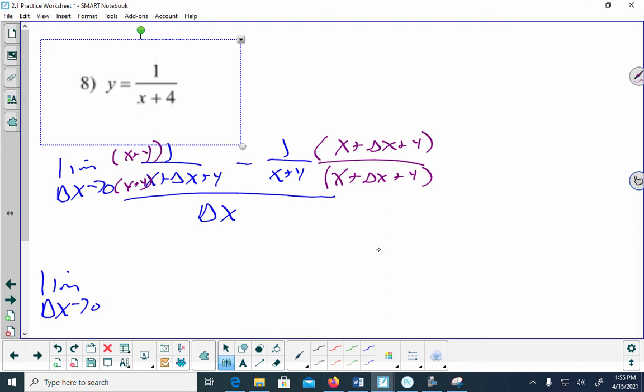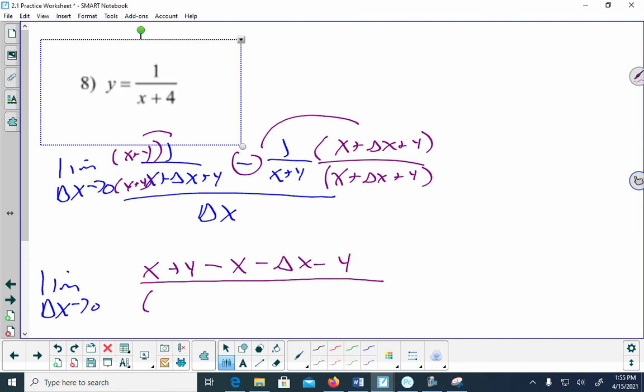And so when I do that, distributing this 1, I'm going to have x plus 4. Distributing this negative 1, I'm going to have minus x minus delta x minus 4. This is all over x plus 4, x plus delta x plus 4.